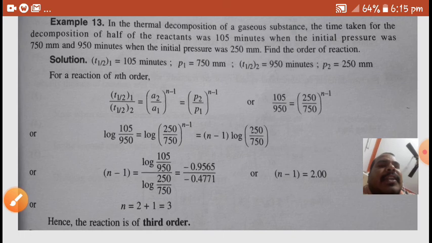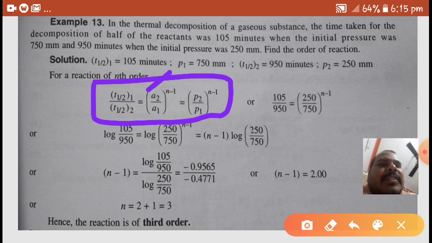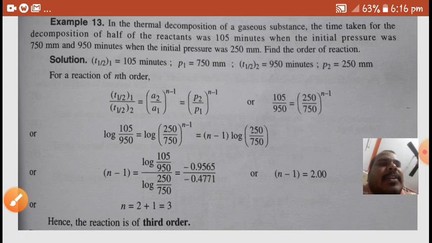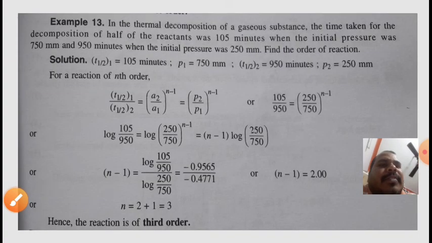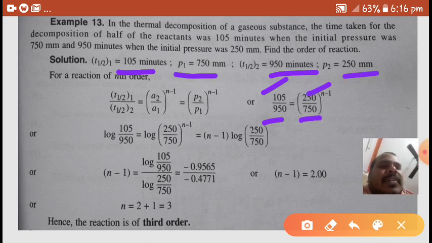For an nth order reaction we have derived this equation, with concentrations A2 by A1, or for pressures P2 by P1. I am just substituting those values in this equation. So t1 is 105 minutes, t2 is 950 minutes, P1 is 750 mm, and P2 is 250 mm. Now I am taking the logarithm of this equation on both sides.